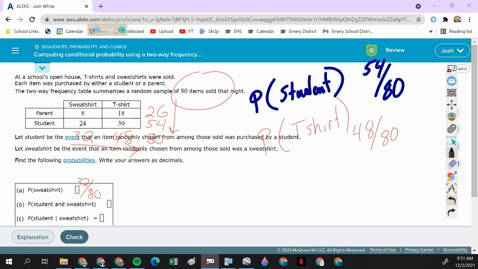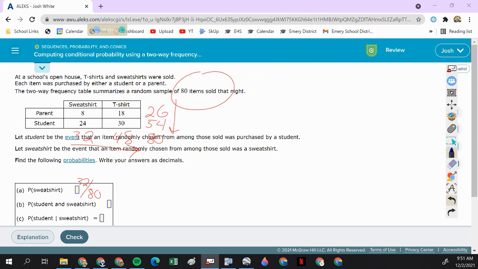Okay? All right, now let's make it a little bit harder. What is the probability that you randomly pick a person, and that is a student who bought a t-shirt? A student who bought a t-shirt. That would be 30 out of 80.